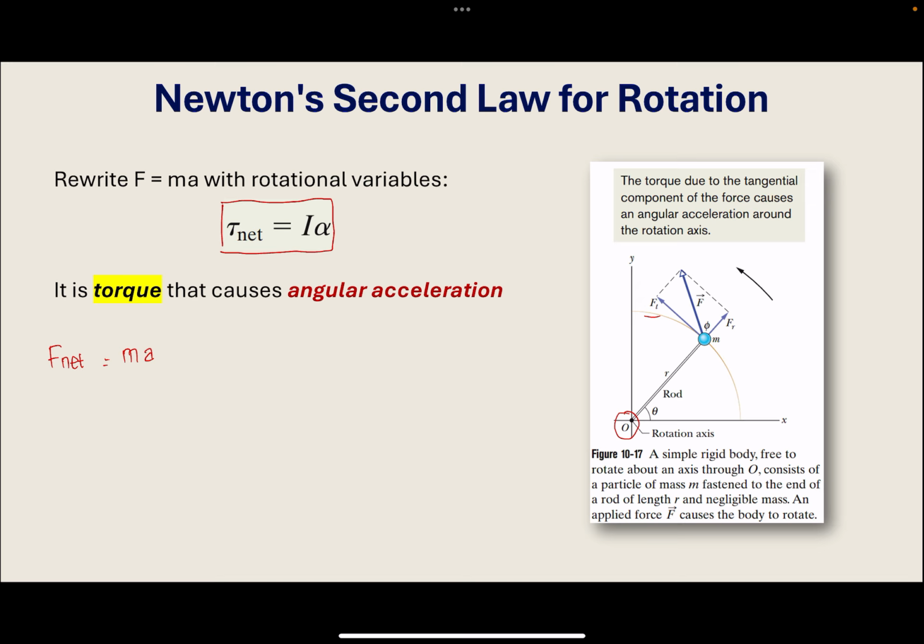But a huge turbine requires enormous torque to start spinning: large I, small alpha. So the key takeaway here is that torques produce angular accelerations. The larger the net torque, the greater the change in rotational speed, provided the moment of inertia remains constant.